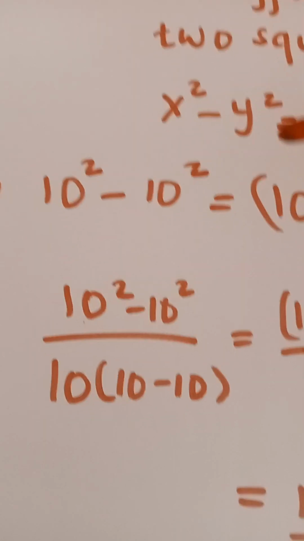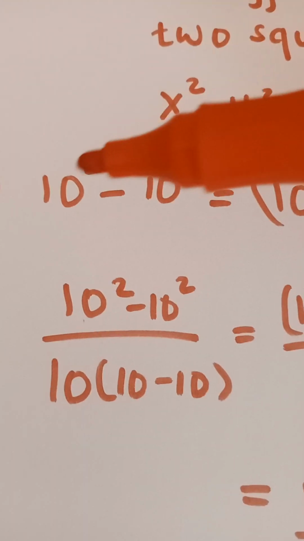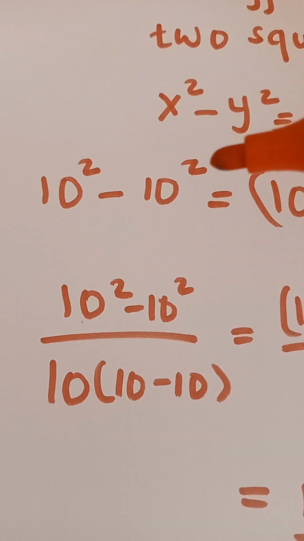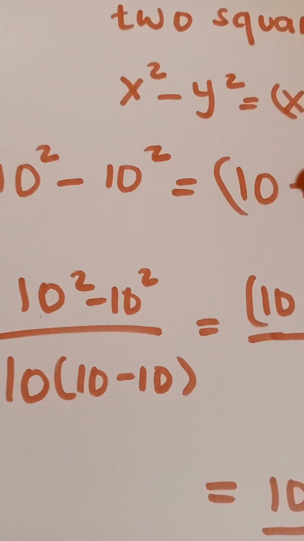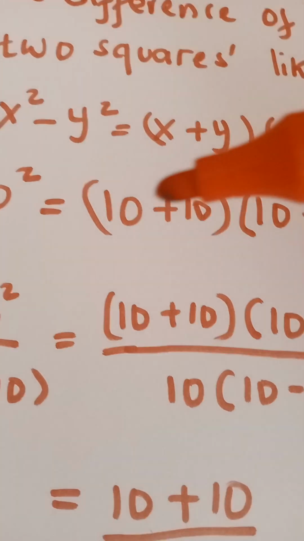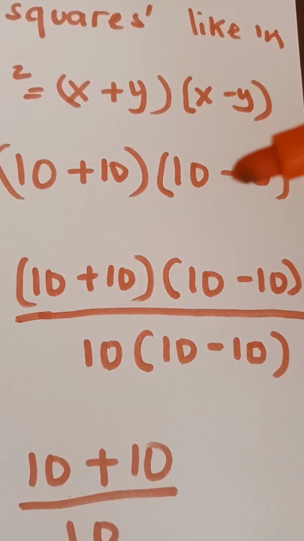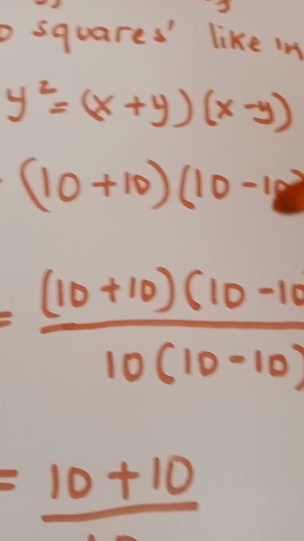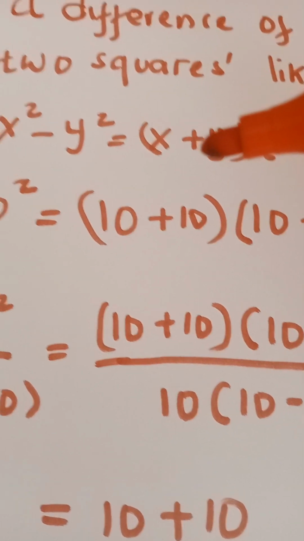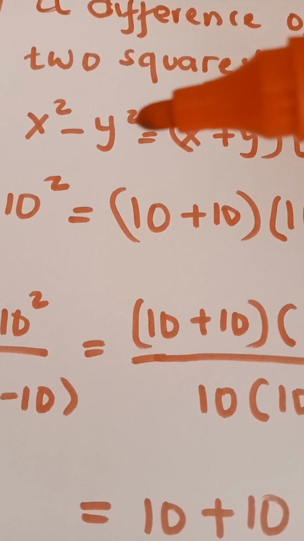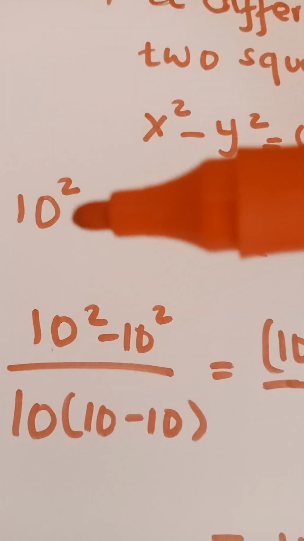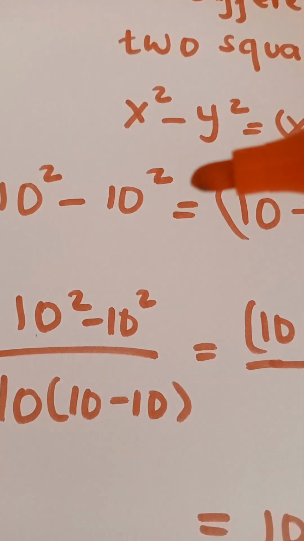Now with that knowledge, we get to know that 10 squared minus 10 squared is another difference of two squares. So we can rewrite that as 10 plus 10 in brackets, then into another bracket 10 minus 10. If you open this using the same rule as in x squared minus y squared, it would still take you to 10 squared minus 10 squared.